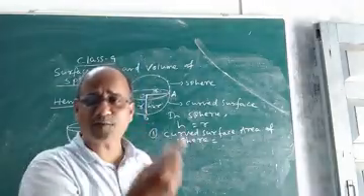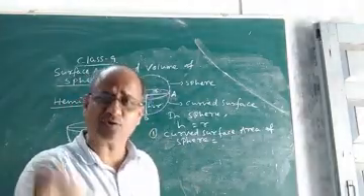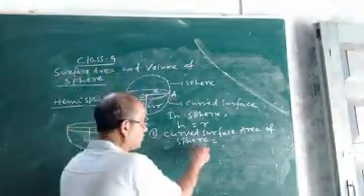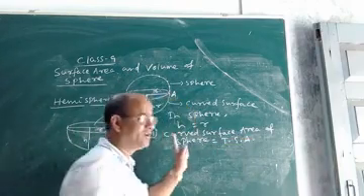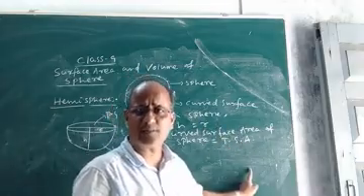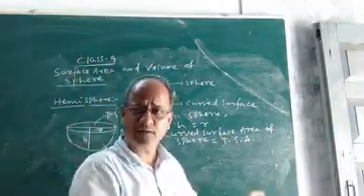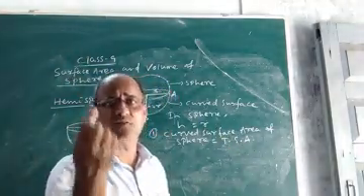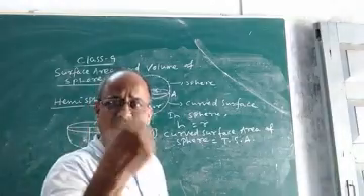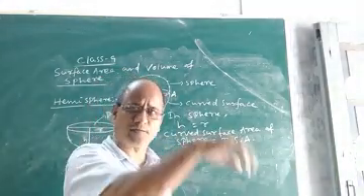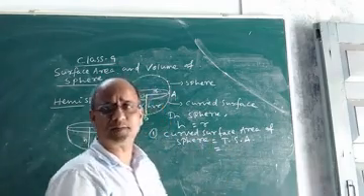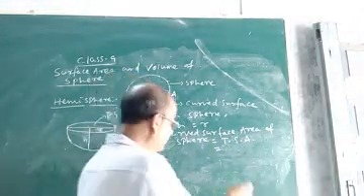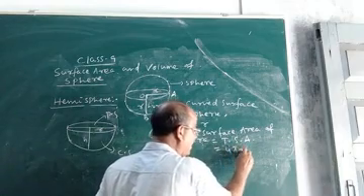That means the curved surface area of a sphere is equal to its total surface area, because a sphere has only one curved surface. And how to get the total surface area or curved surface area of a sphere? Its formula is 4 pi r square.